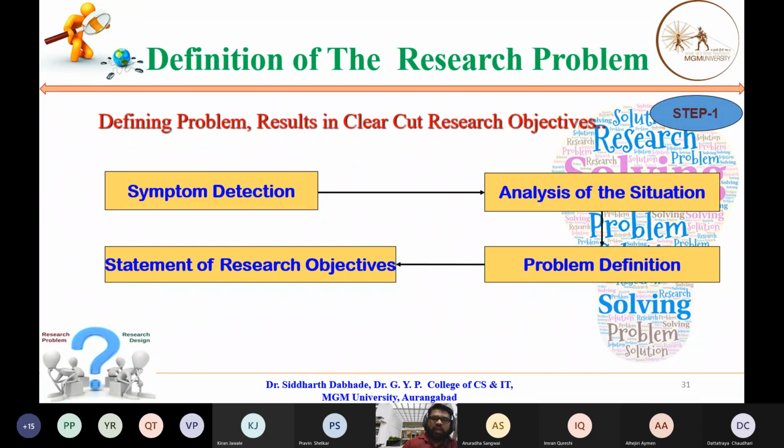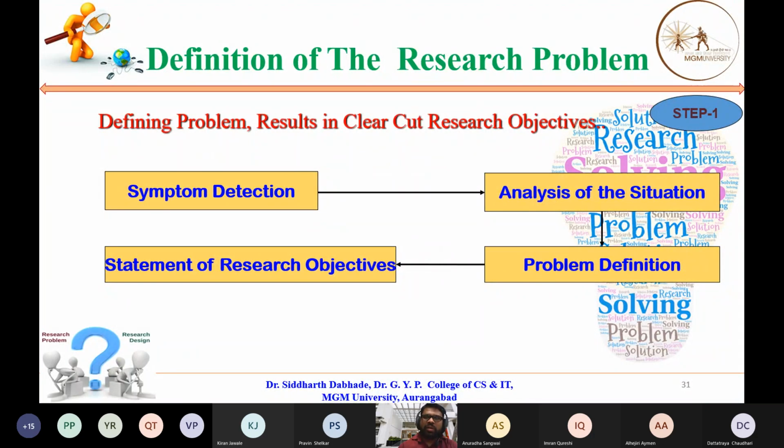Once you have detected the symptoms, then you go for analysis of the situation. The doctor will analyze what the disease is. If you are coughing, you have a fever, or you have pain in your joints, what kind of disease is it?